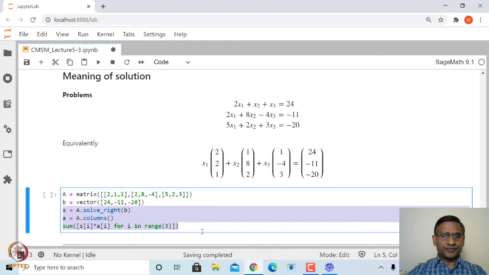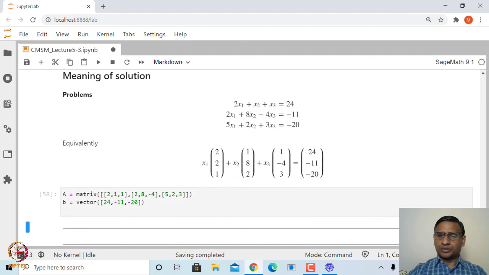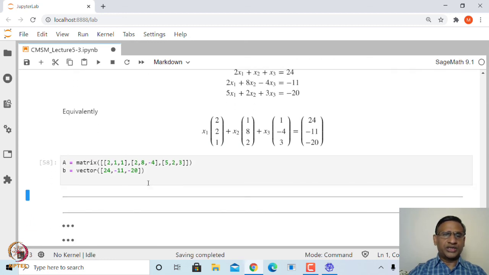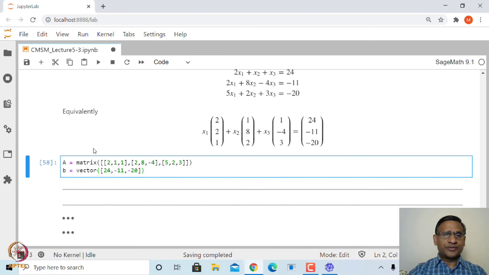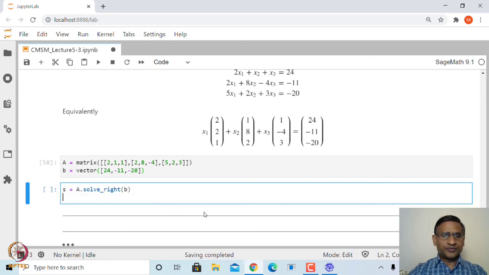It is quite simple. Let us first declare A and B for this system Ax equal to B, and then we will find the solution of this. Let us find a solution using the inbuilt function A dot solve underscore right.